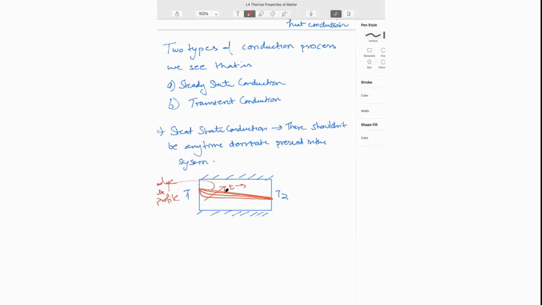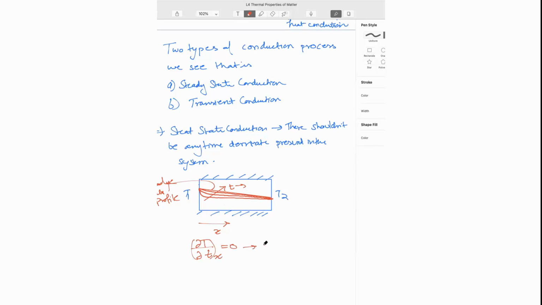However, there is still a temperature gradient with position x, even at steady state. So at steady state, del T by del t at any x is 0.